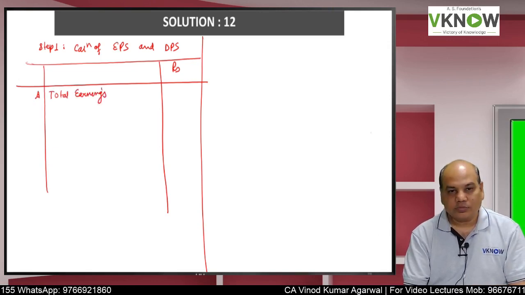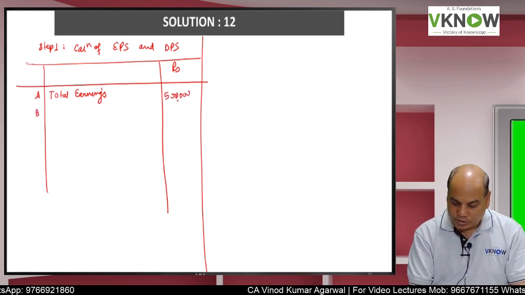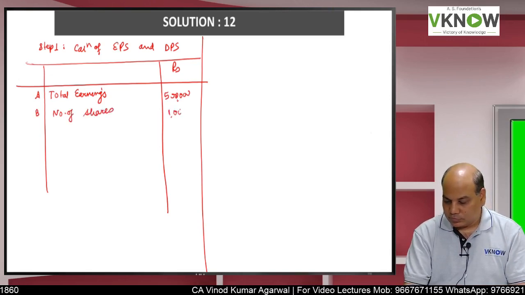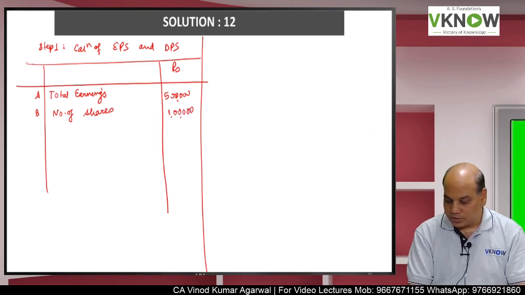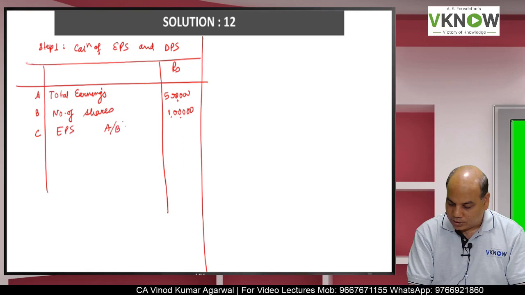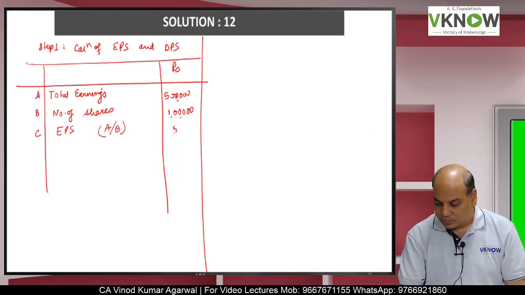Anybody, total earning? 5 lakh. Point B, number of shares. Anybody, number of shares? 1 lakh is right. Point C, earning per share, A divided by B, rupees 5.